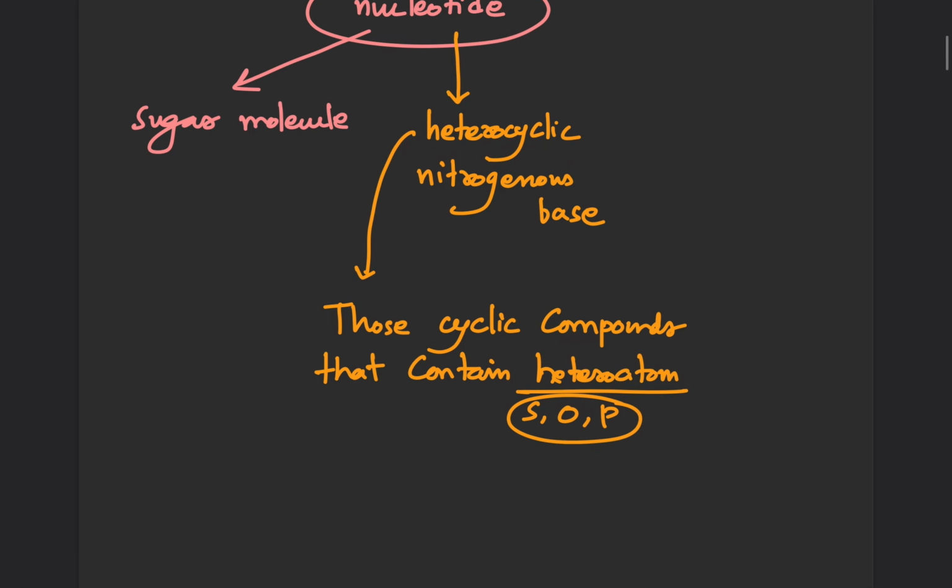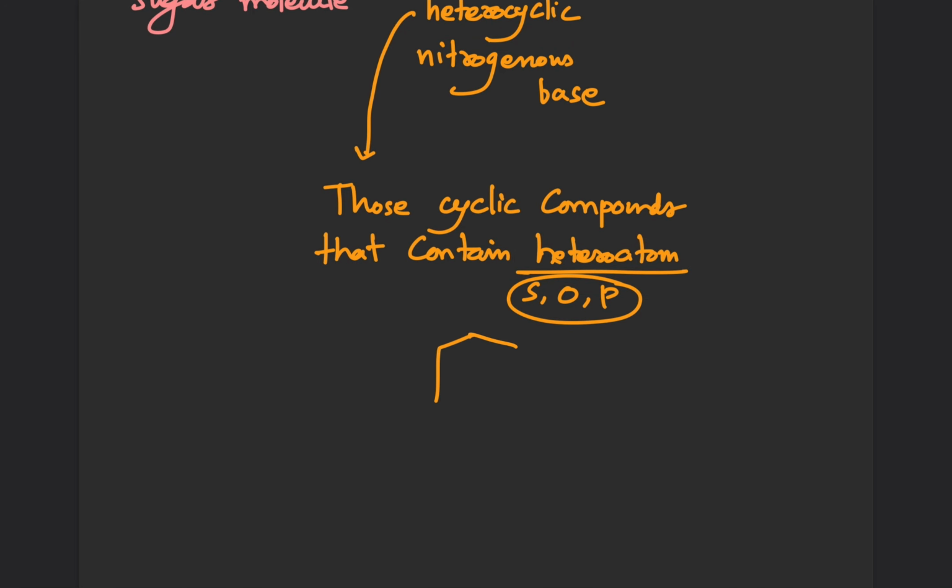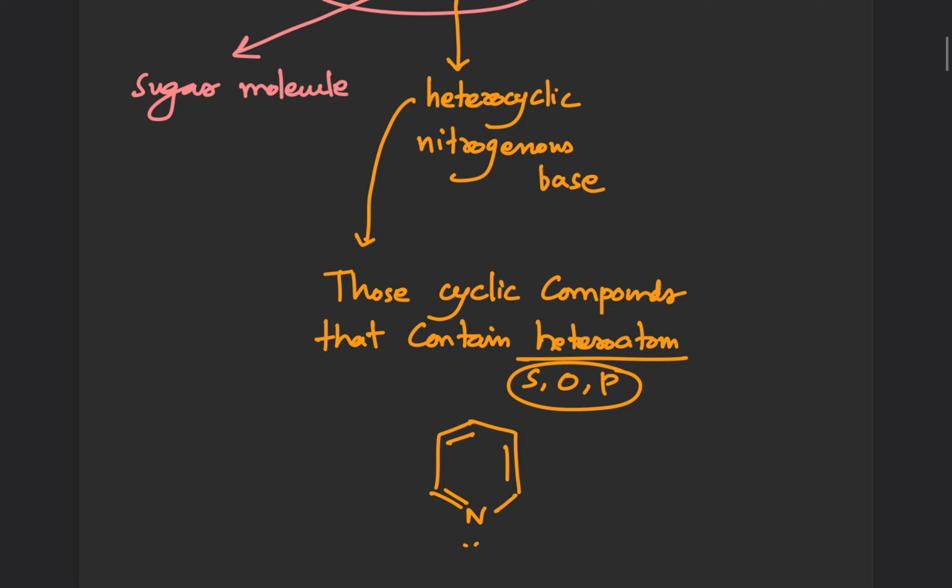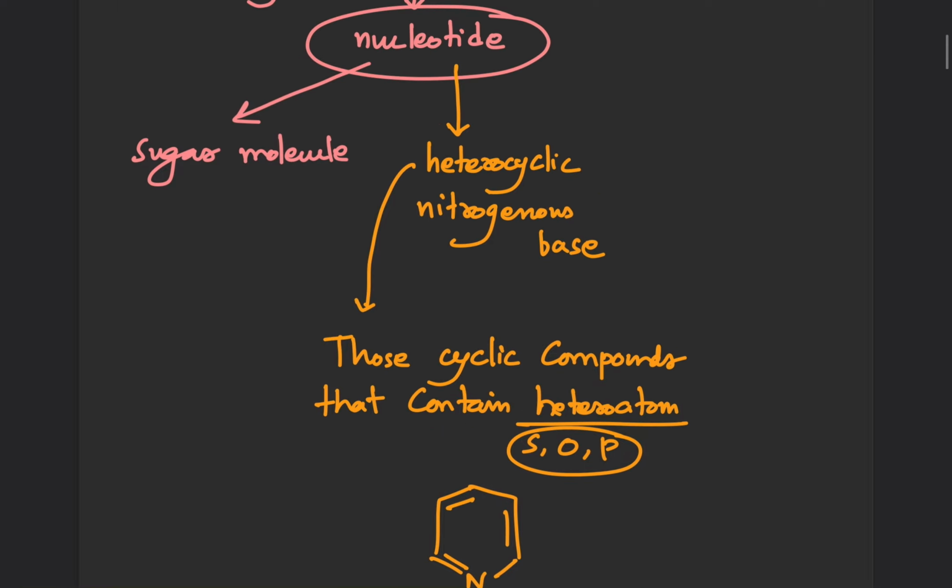For example, pyridine. Pyridine is this. You can see, yes, it's a cyclic compound, but it also consists of a nitrogen, a heteroatom, in the ring. So therefore the second part of the nucleotide is a heterocyclic nitrogenous base.